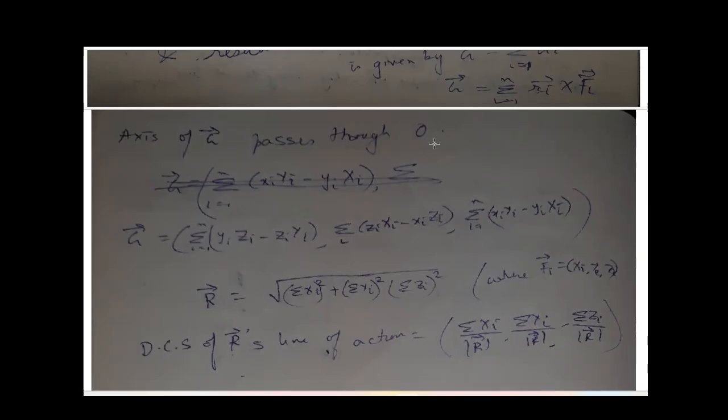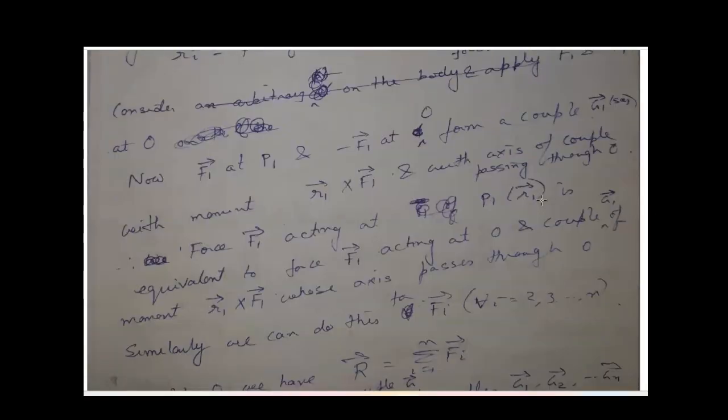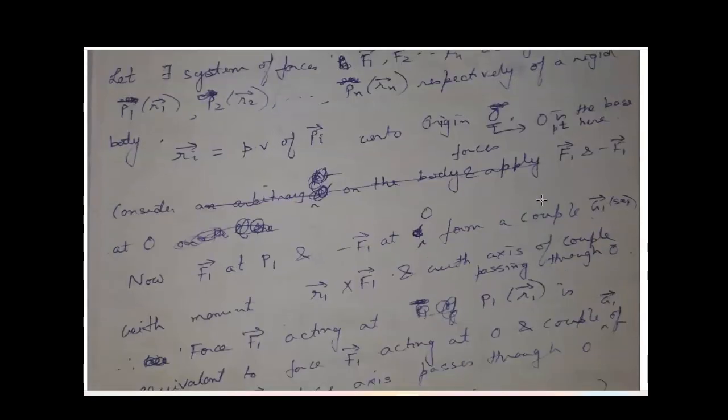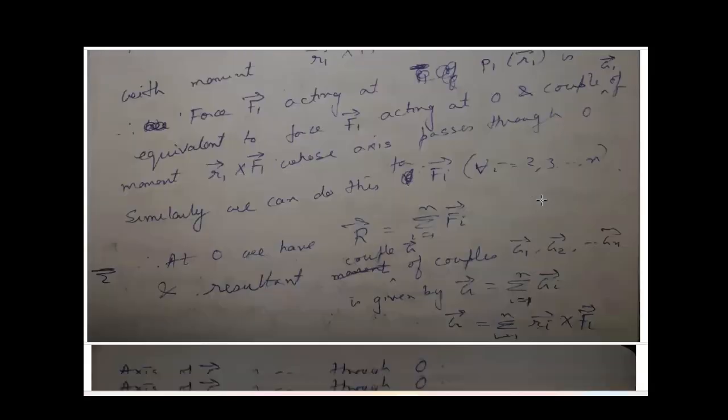You are provided with the components X_i, Y_i, Z_i of these forces Fi, and also with the position vectors r1, r2, ..., rn. The moments are ri cross Fi. This is the proof which I have already discussed, so I am not going into it again. You will get it from the PDF material.